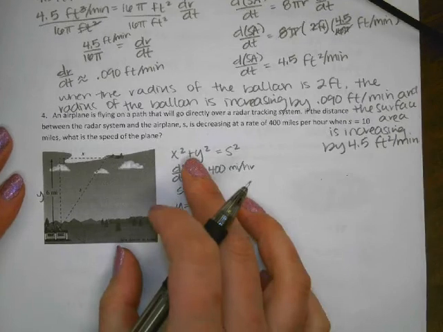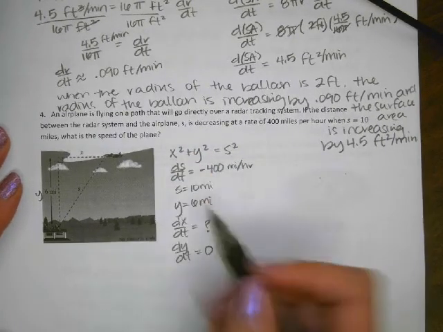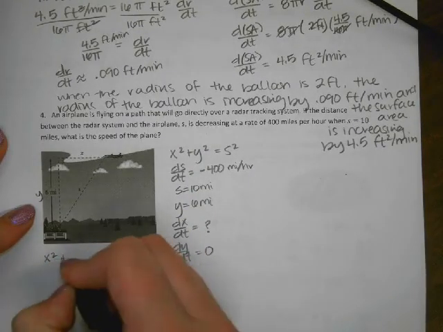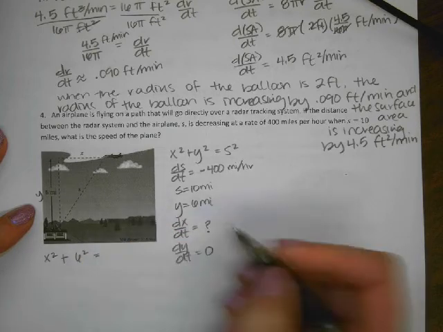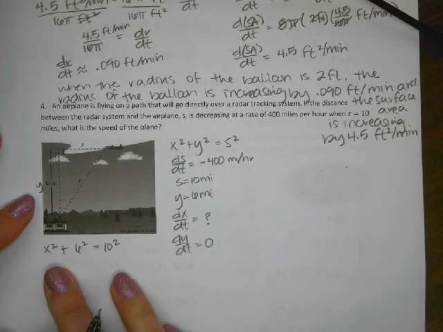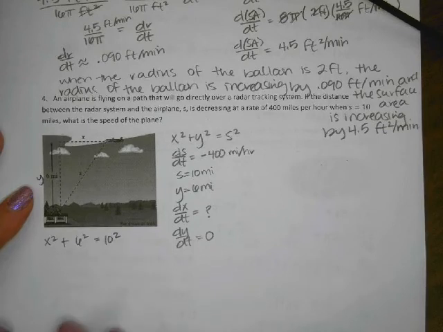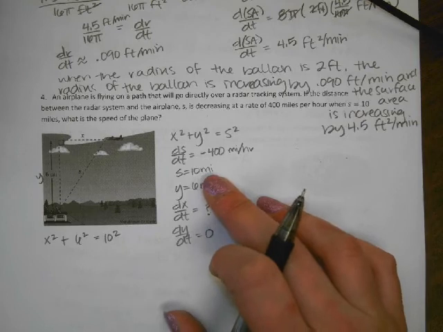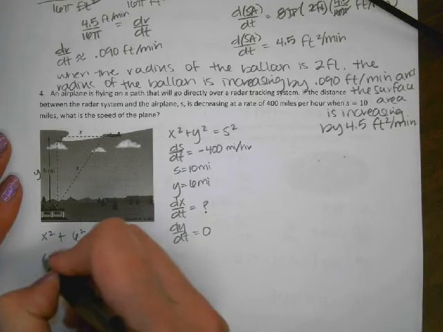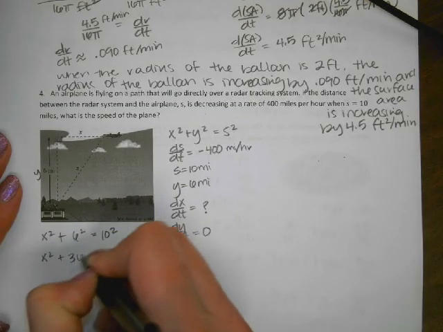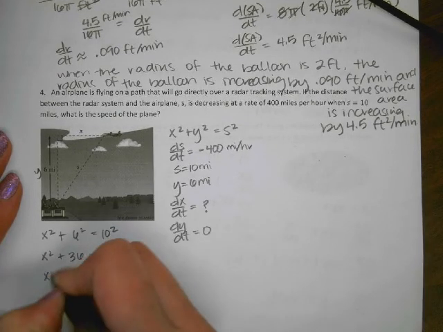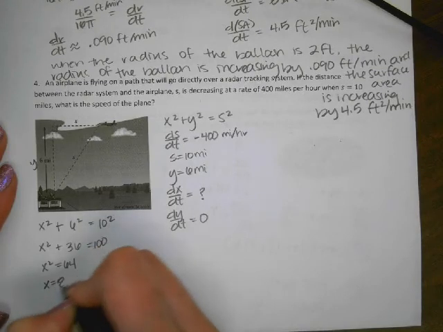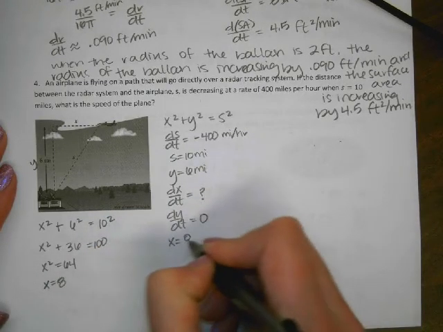So x squared plus 6 squared equals 10 squared. We're just trying to figure out what x is at that exact moment where the altitude happens to be 6 and the distance is 10. So x squared plus 36 equals 100. That means x squared is 64, which means at that moment in time x is 8. So we're going to say x is 8 miles.